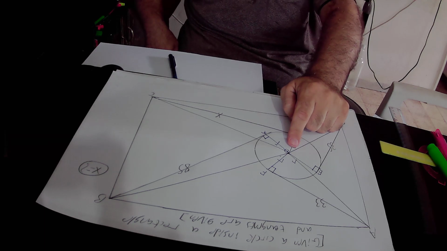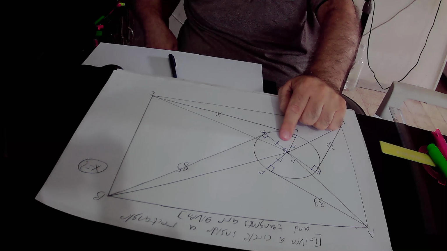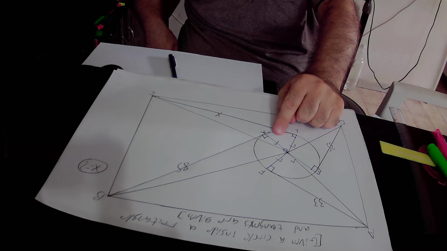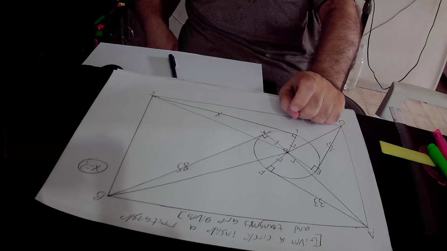Point O is the center of the circle, point T is the point of the circle itself, therefore OT is the radius of this circle. And we have the radius OT that is drawn to the point of tangency, therefore according to rule number 1, this angle equals 90 degrees.